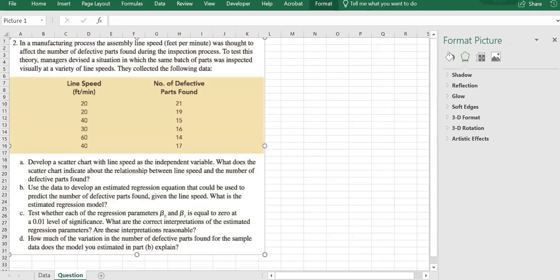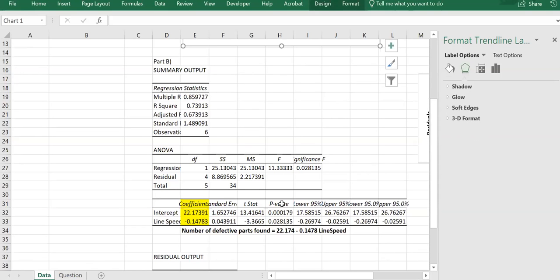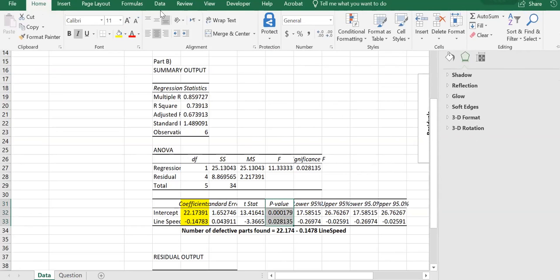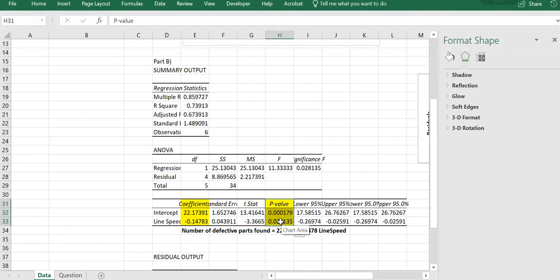And then in part C, test whether each of the regression parameters is equal to 0 at 1% level of significance. So for this one, you just need to take a look at the p-values. And if the p-values are less than 1%, then that factor is significant at 1% level of significance.